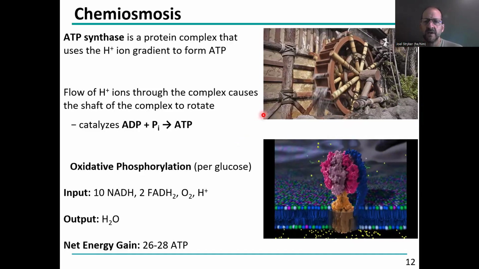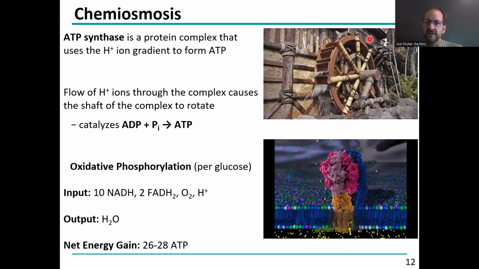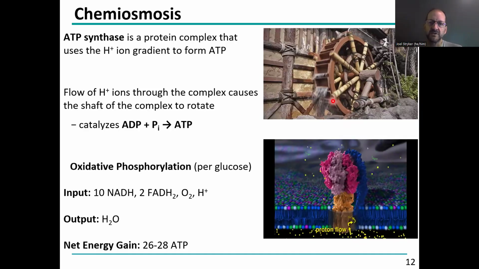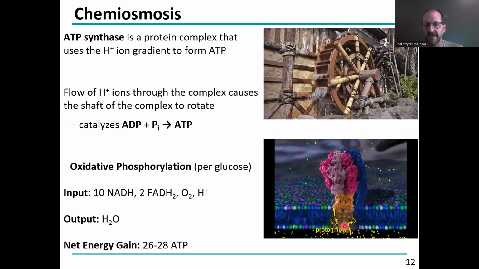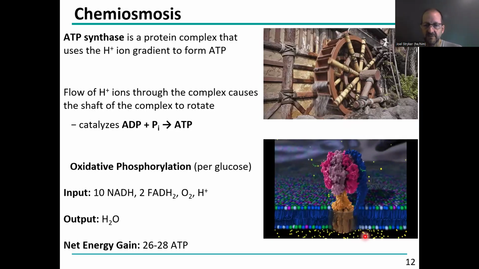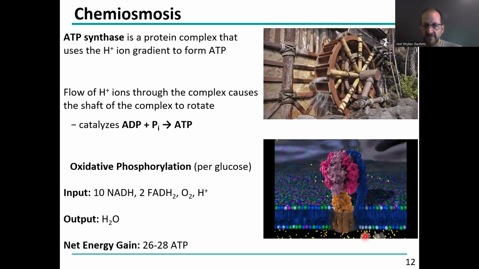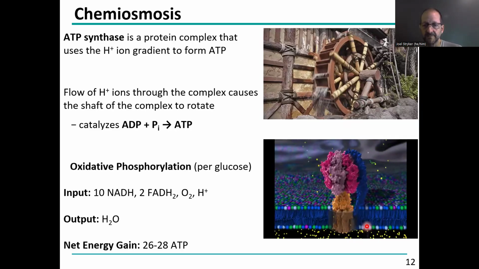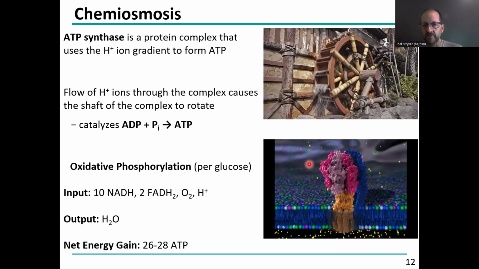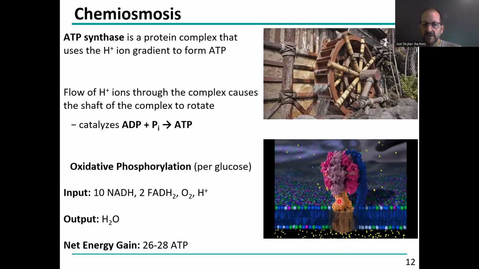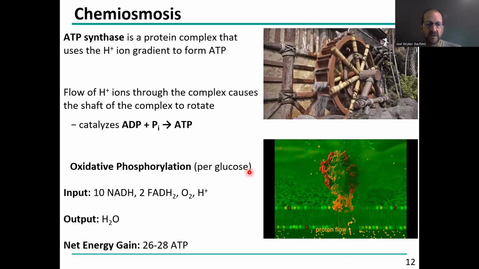So the basic idea is converting this stored energy of water into a mechanical energy by spinning this wheel. Same process happening. In this case, instead of water, the stored energy is in the form of the protons coming in. And instead of grinding grain or something, what ends up happening is that the spinning turbine creates ATP.